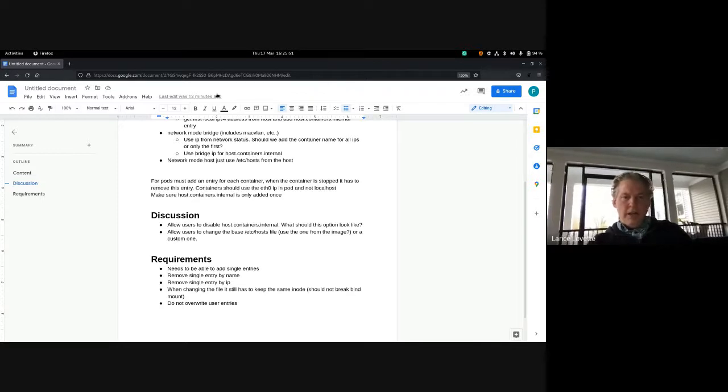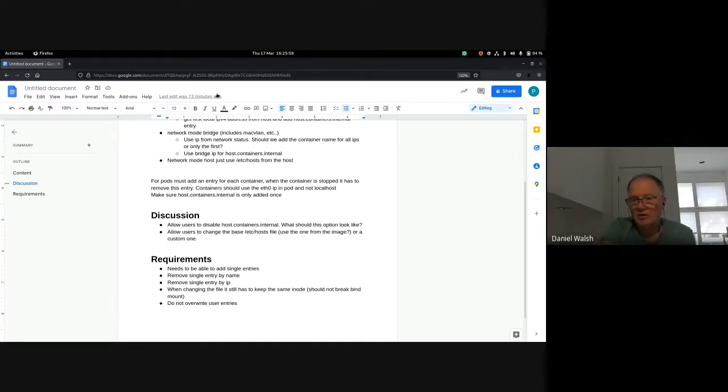I do have a number of pods and a number of containers. Yeah. But if you just run two containers, and we can verify this ourselves too, and you add a host to container A, B should not be able to reach that by name. It should not be in DNS. But if it is, then we probably have a bug in Podman.